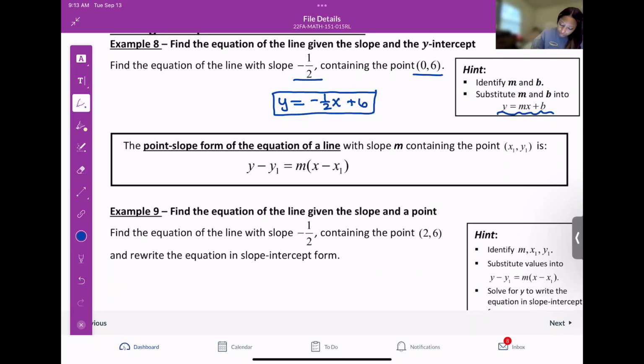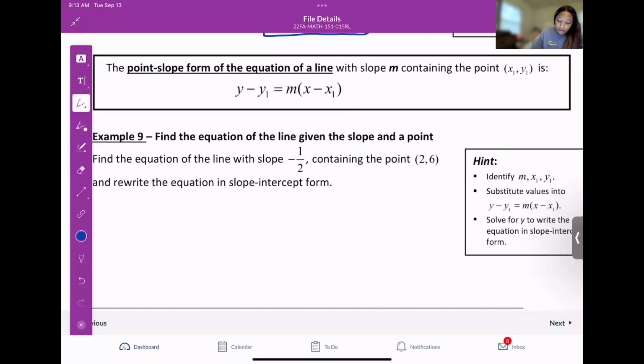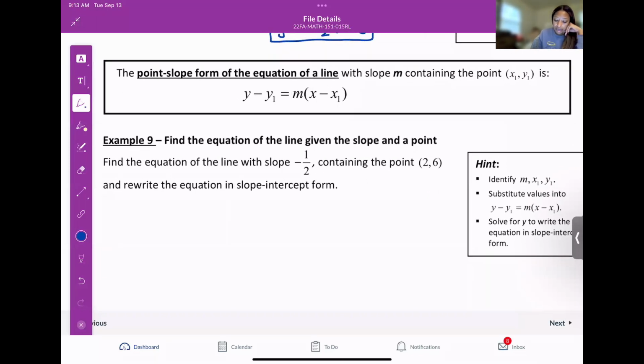All right, so in example 9, find the equation of the line with slope negative 1/2 containing the point (2, 6). So negative 1/2 gives us our m, and (2, 6) gives us our x1 and y1.